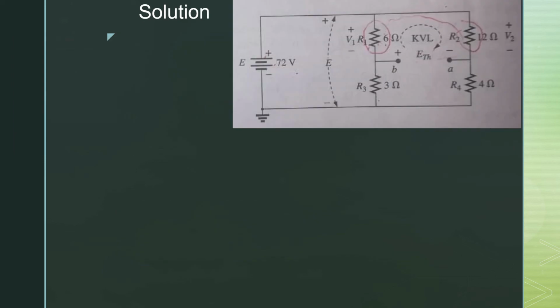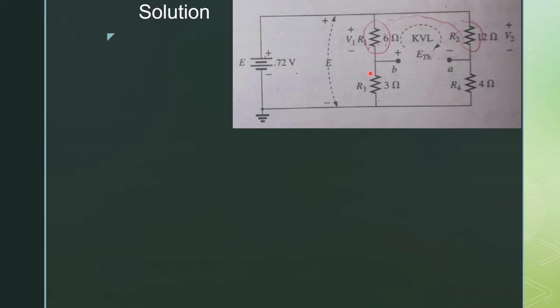Now in the second step, we have to find the value of E Thevenin. From the figure you will see that if we apply KVL to this loop, we will find the value of E Thevenin. But first we need the value of V1 and V2. When we have the value of V1 and V2, applying KVL to this loop, we will get the value of E Thevenin.